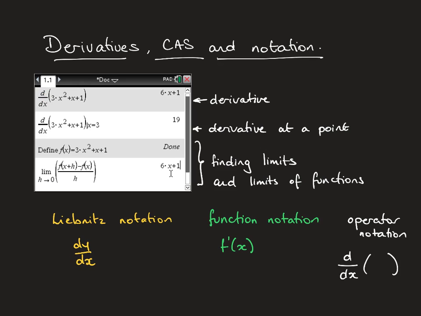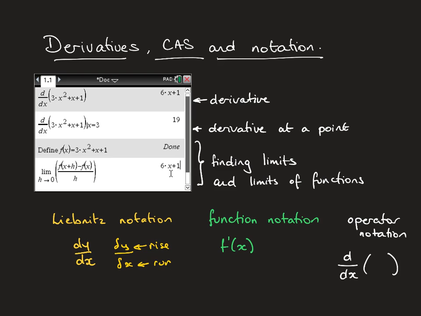They actually are meant to represent the Greek letter delta, which means a small change in y over a small change in x. A small change in y is our rise, and a small change in x is our run. And so it's actually telling you to use the gradient formula for it.